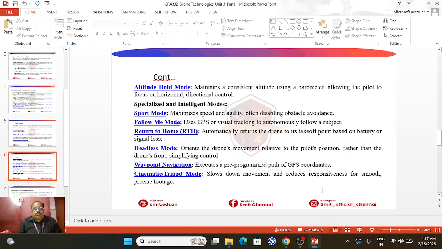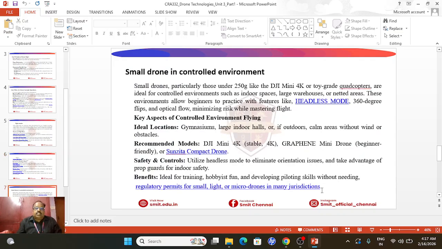Cinematic tripod mode slows down the movement and reduces responsiveness for smooth, precise footage.